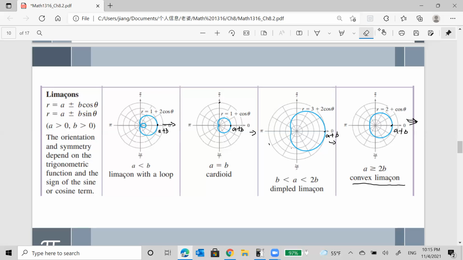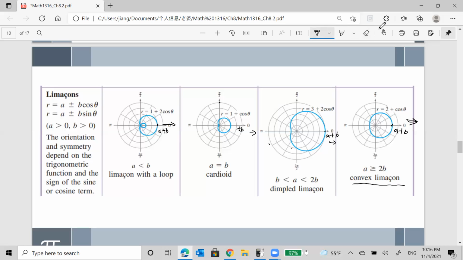If here is minus sine theta, the shape is like this. And if minus 2 sine theta, the shape is like this. This one is the same, like 1 minus sine theta, the heart shape is here. And for 1 minus 2 sine theta, the graph looks like this.